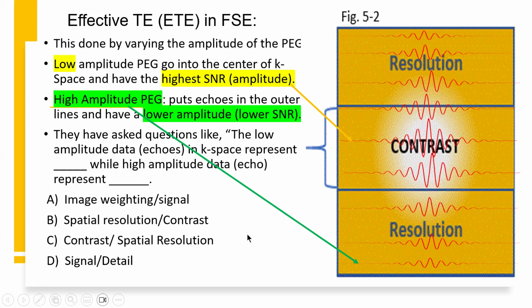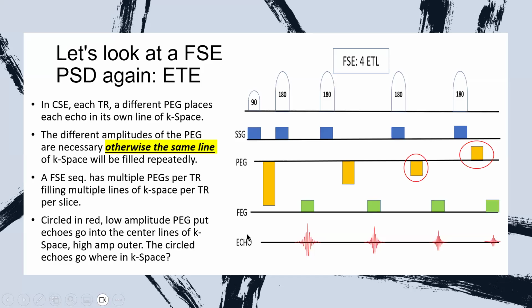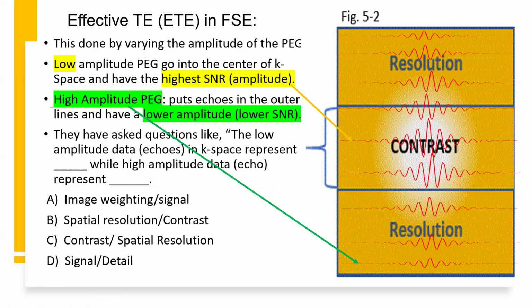Yes. Okay, so while you're running the sequence, a high amplitude phase encoding gradient is going to cause a low amplitude echo, because the high amplitude gradient makes things dephase more.